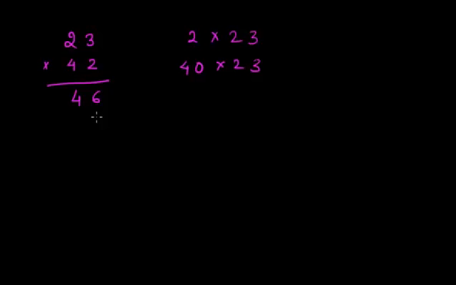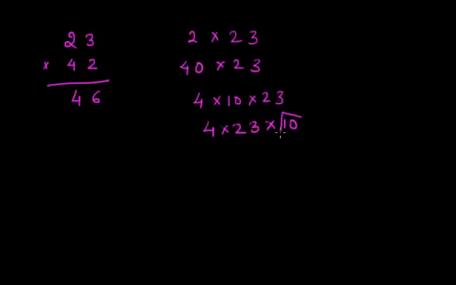Because I'm multiplying 40 times 23, first of all this is 4 times 10 times 23. So 4 times 23 times 10. Any number multiplied by 10, you put 0 at the end.